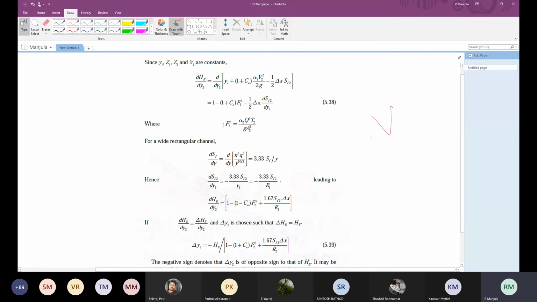So now this 1 plus c into f2 square, because this is nothing but your Froude number. Our Froude number is nothing but f2 square is equal to alpha 2 q square t2 by g into a2 cube. This is your Froude number.